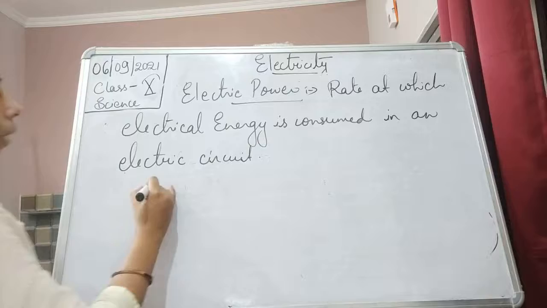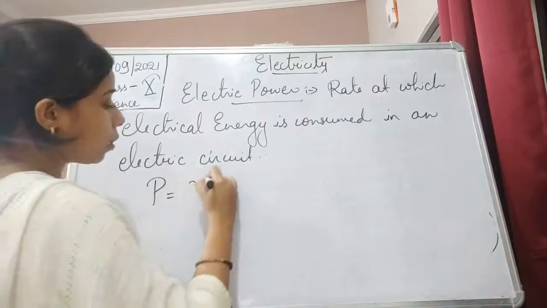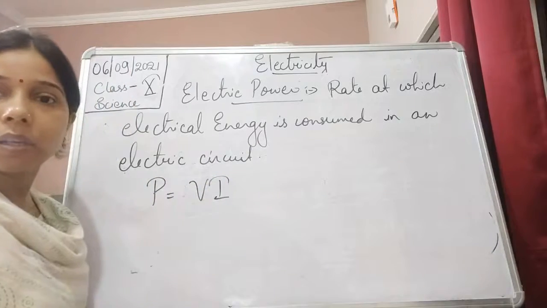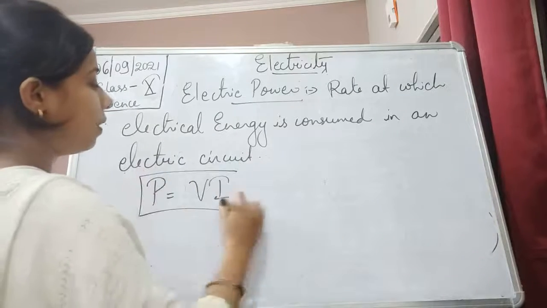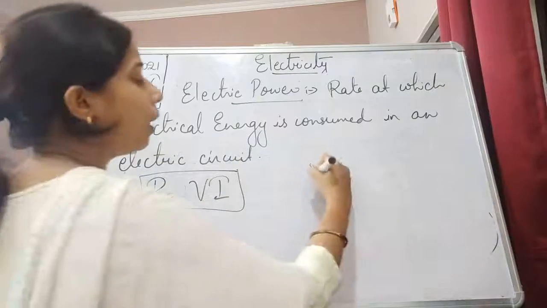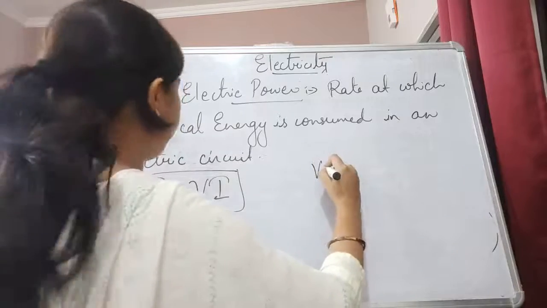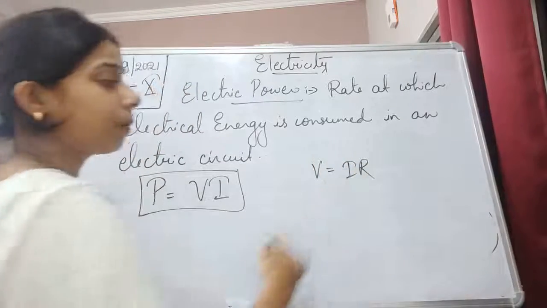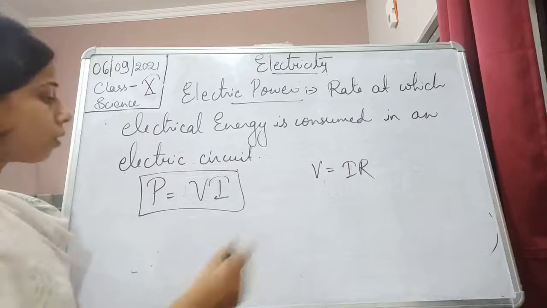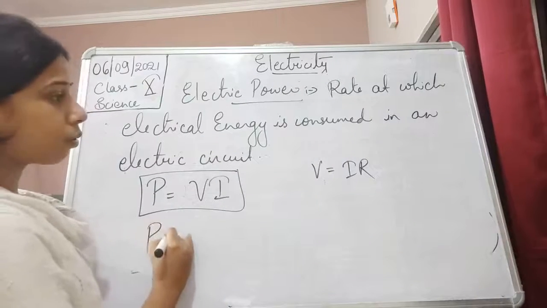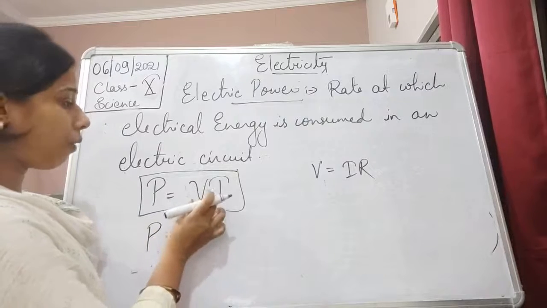And the power P can be given as VI, right? Voltage into current. Now here, V can also be represented as V is equal to IR. So V is equal to IR, students. So in place of V, we can write here IR.